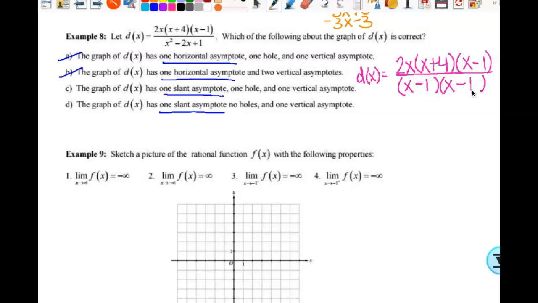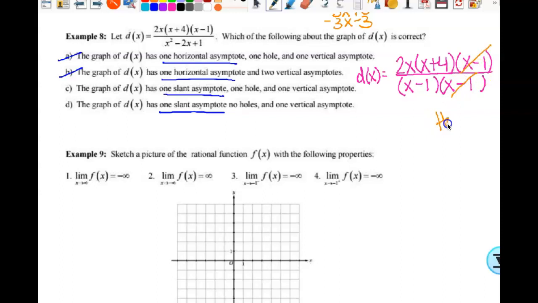Now, are things going to cancel out? Yes, okay. But if they didn't, then should I rewrite the denominator differently? Officially, and since it's going to cancel out, it doesn't matter. But shouldn't that denominator really be x minus 1 quantity squared? Yes, okay. So again, it's fine that it's not written that way here, but all right, so then once I see this, this is going to cancel out.